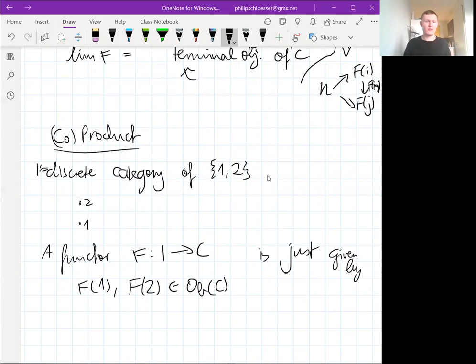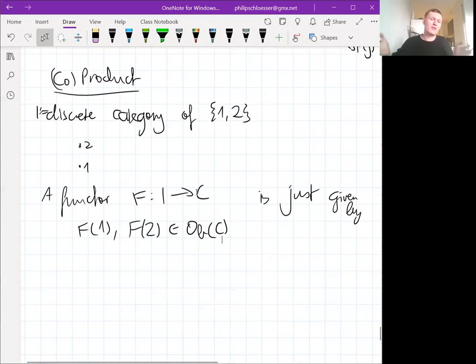But the functor laws already say that we have to map them to the identity of F1 and the identity of F2. So the functor is just given by the choice of F1 and F2, and that's it.